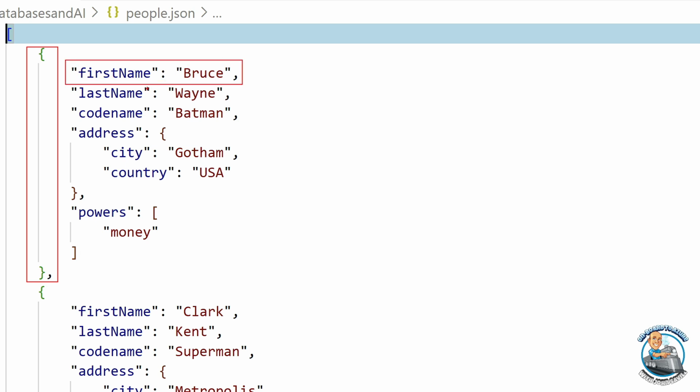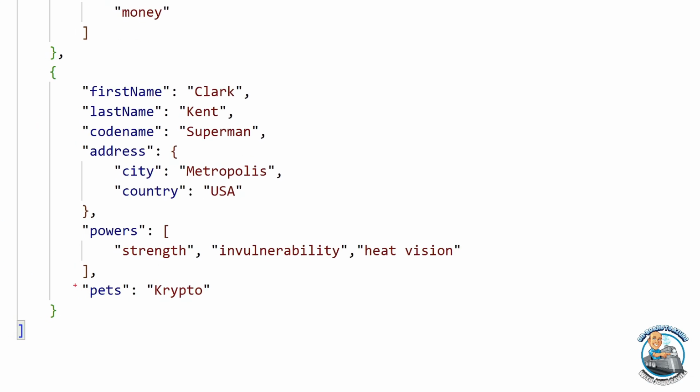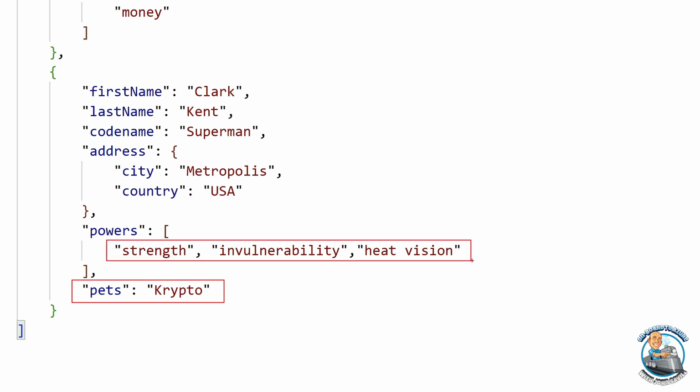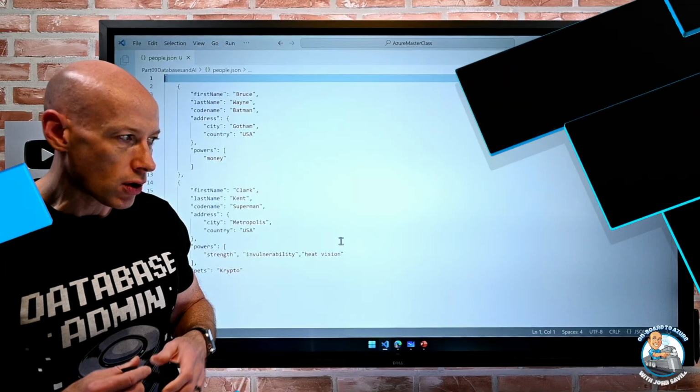So it's got a first name. I can see, oh, there's an address. An address is actually made up of multiple components. But it doesn't have to always be the same. There's another entry, but this one also has pets. Hey, Superman's got crypto. It has powers, which is multi-valued. So there's different options I can have. It's not some fixed set schema, but it's self-describing when I actually look at those elements.